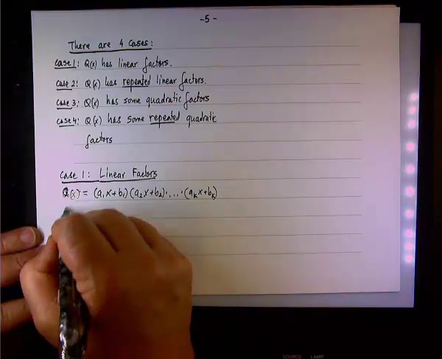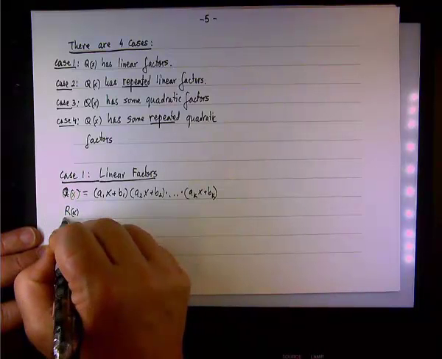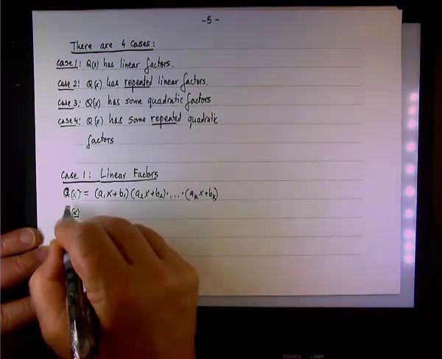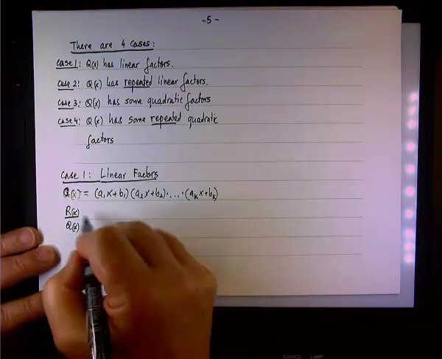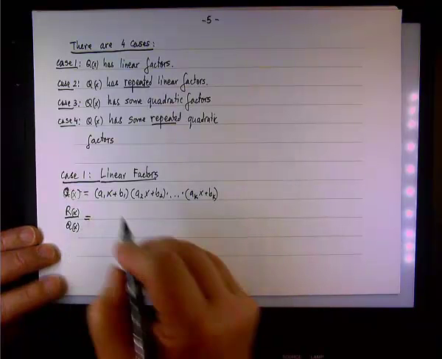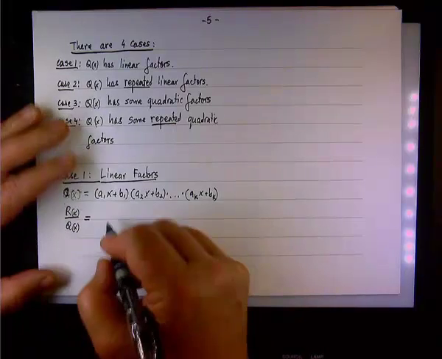Okay, so what are we going to do? If it's a non-proper rational function, then we look at the remainder divided by the denominator.